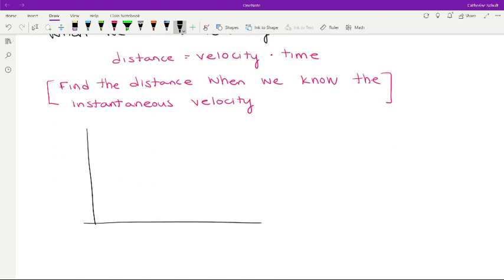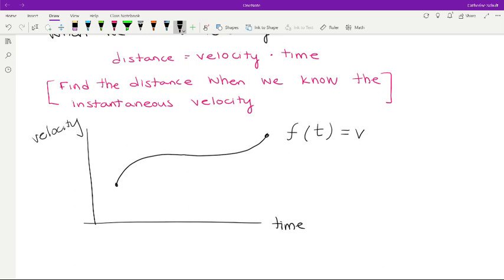Well, if we have our velocity function, so we have time versus velocity, right? And then here is our function, the function of time, and it's the velocity. Well, I made my interval very big. Let's see if I can fix that a little bit.